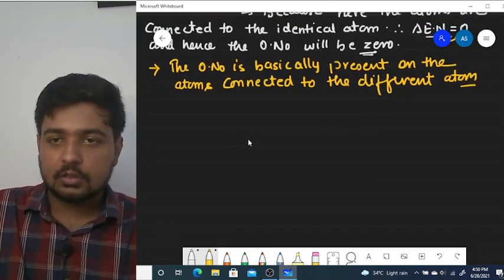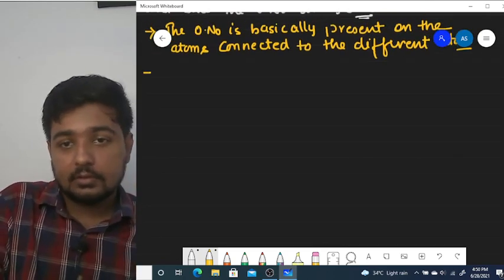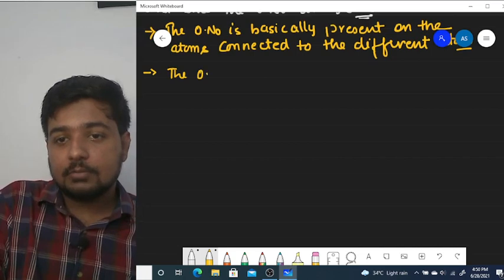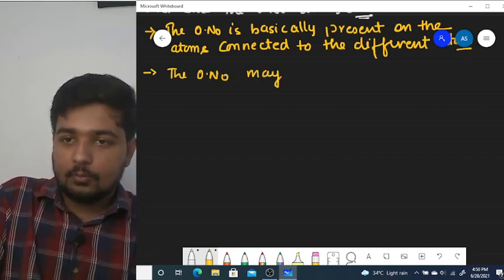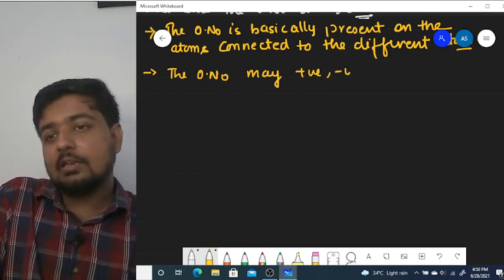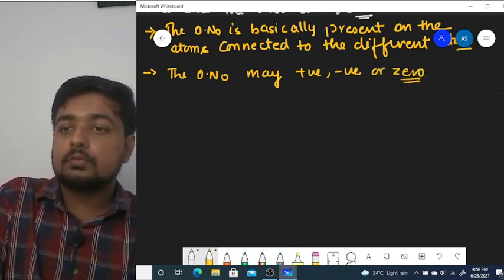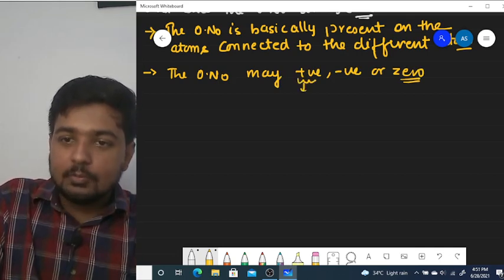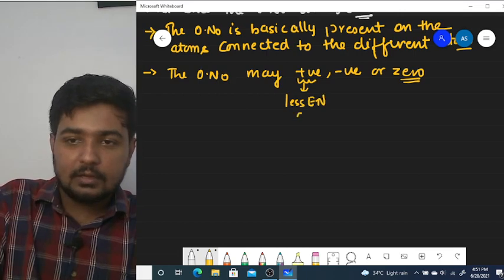Now the question is, does the oxidation number have a negative value? Yes, of course. The oxidation number may have positive values, negative values, or 0. The positive value will be present on the less electronegative atom.